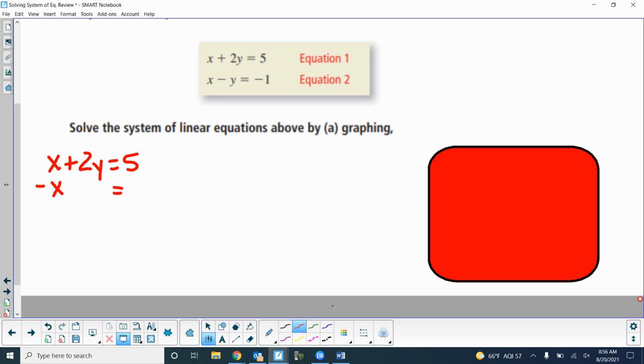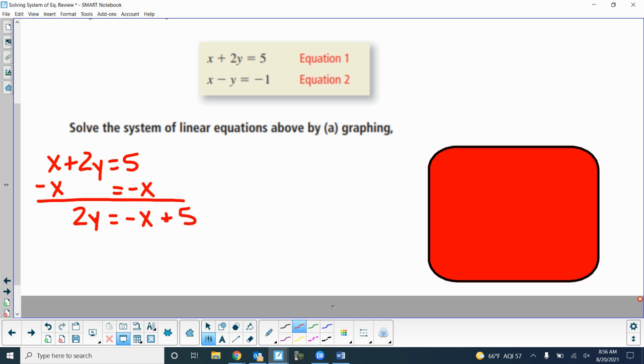Very good. Because I'm going to put it in slope-intercept form. When you get y by itself, then you have it in slope-intercept form, and then we can graph using the slope and the y-intercept. So I like to put the x in the front. But if you put 5 minus x, that's not wrong. You can do that.